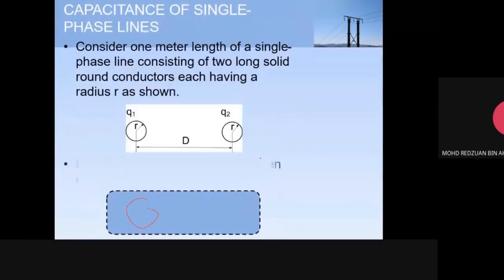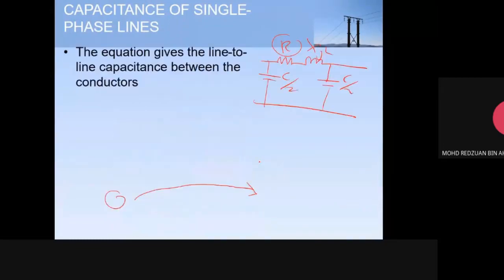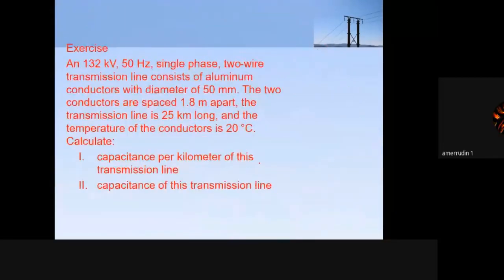So let's say this one. How to calculate capacitance for this one? This is single circuit, 2 wire. We have 2 wires.